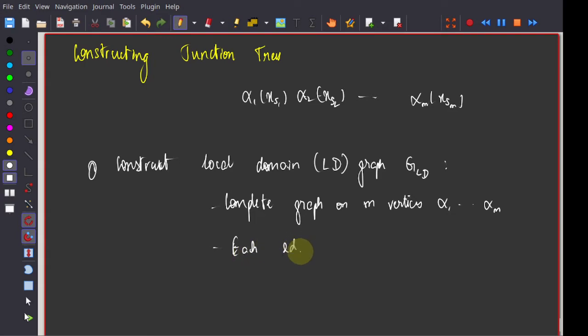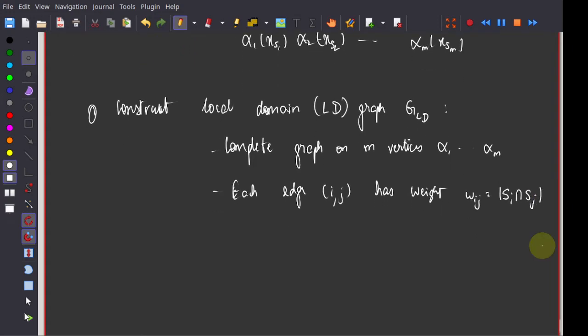Each edge i, j has weight w_ij, and this is equal to the size of the intersection between Si and Sj. The first step is to construct this particular local domain graph.